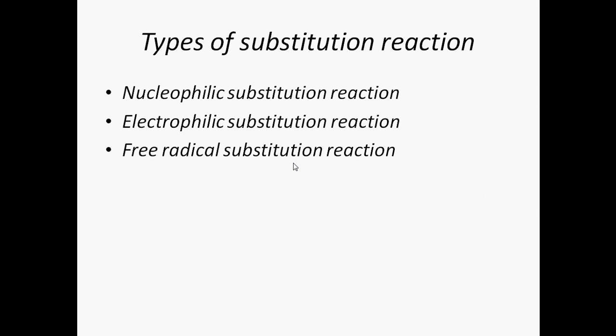A nucleophile is an electron-rich species, so it will attack the electron-deficient species and form a new product. In case of electrophilic substitution reaction, an electrophile is used. An electrophile is an electron-deficient species, so it will attack the electron-rich species and form a new product.